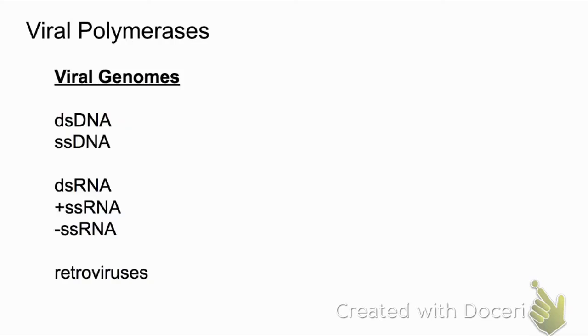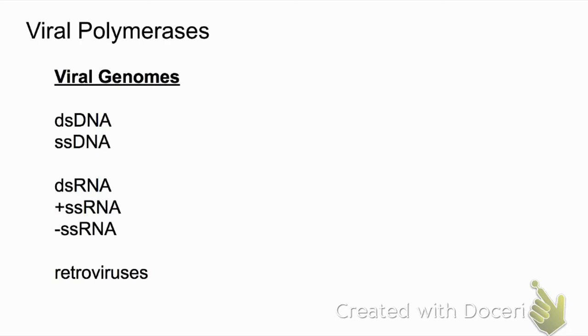One of the fascinating things about viruses is the variety of genomes that they may have. In living organisms, such as prokaryotes and eukaryotes, we find that the only genetic material that is inheritable from one generation to the next is DNA. But viruses can have as their genome DNA like us, but they can also have RNA as a genome.